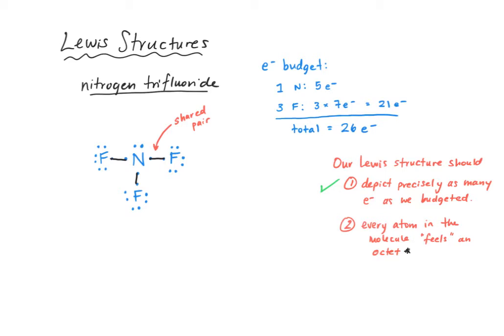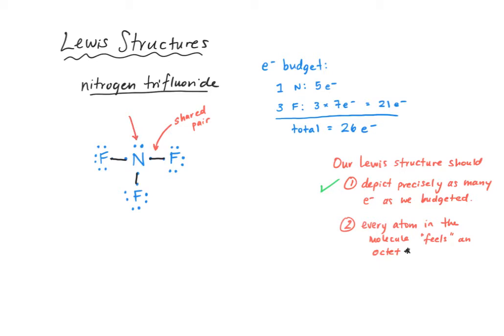Therefore, both the fluorine and the nitrogen that share this pair of electrons feel as if they've won that pair of electrons outright. The central nitrogen feels a total of 1, 2, 3, 4, 5, 6, 7, 8 electrons around it as well, taking into consideration all of those shared pairs and this pair of electrons that it's got up top.